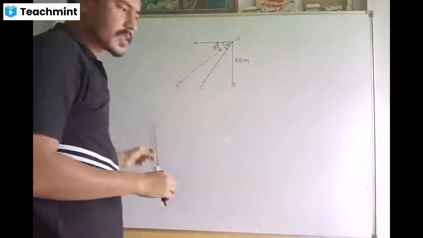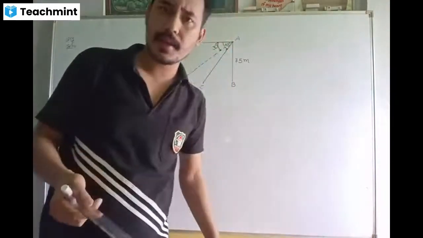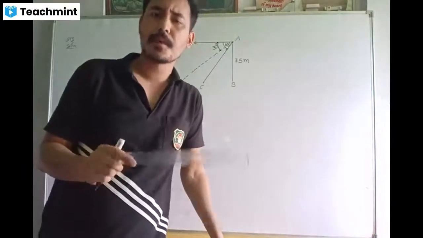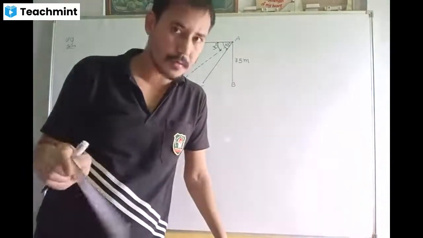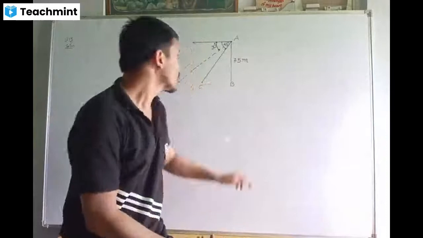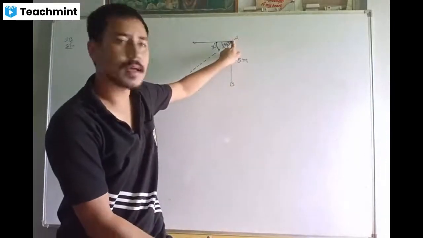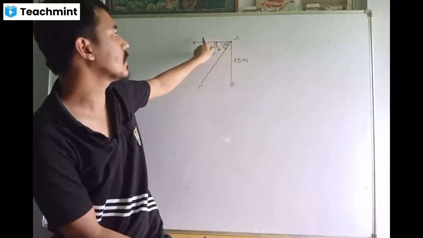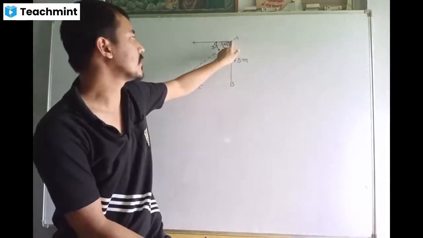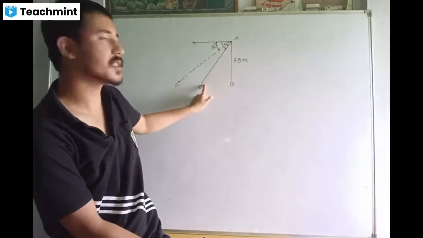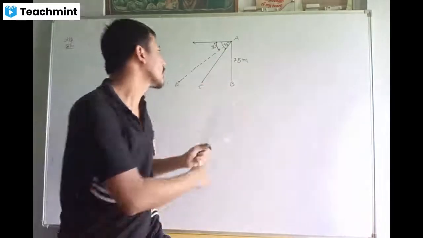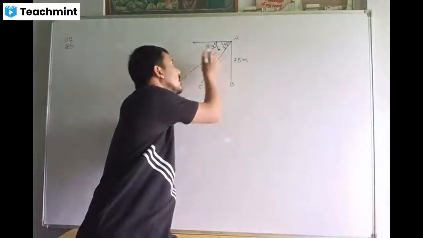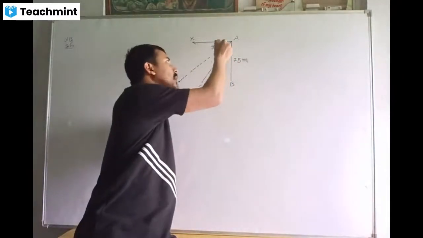Angle of depression means the angle between the horizontal line and the line of sight when the observer is looking down, okay? So if the observer is at the top of the lighthouse, from the observer's eye, we always draw a straight horizontal line. The observer is looking down at this ship, which is at C position. Then AC is the line of sight. AX is your horizontal line.